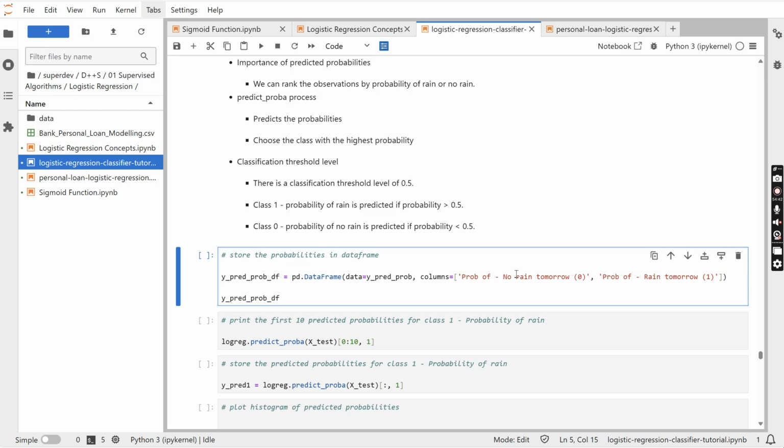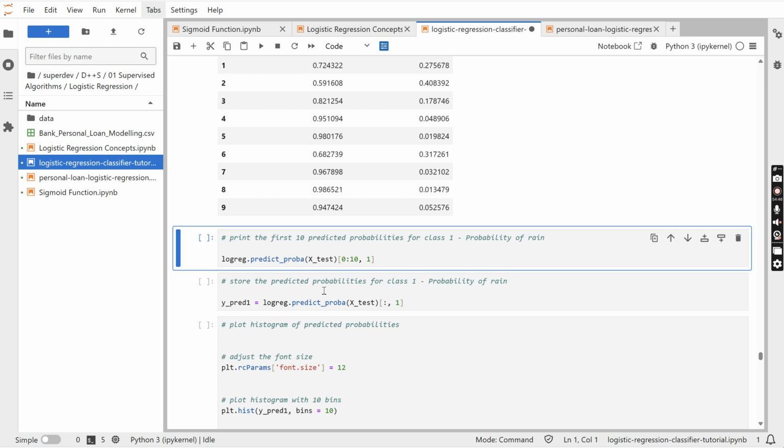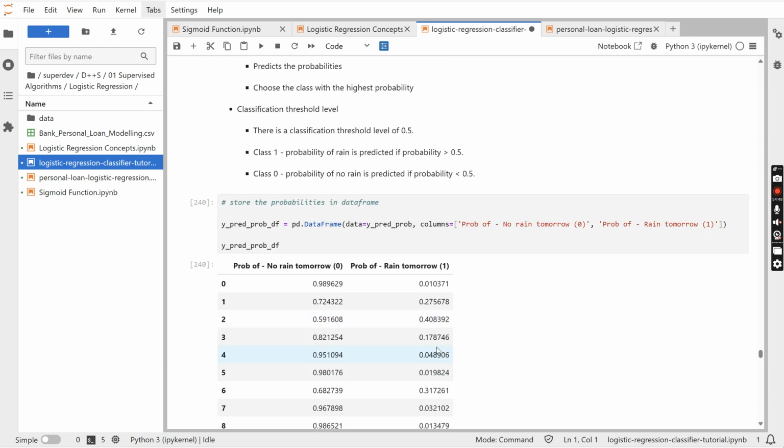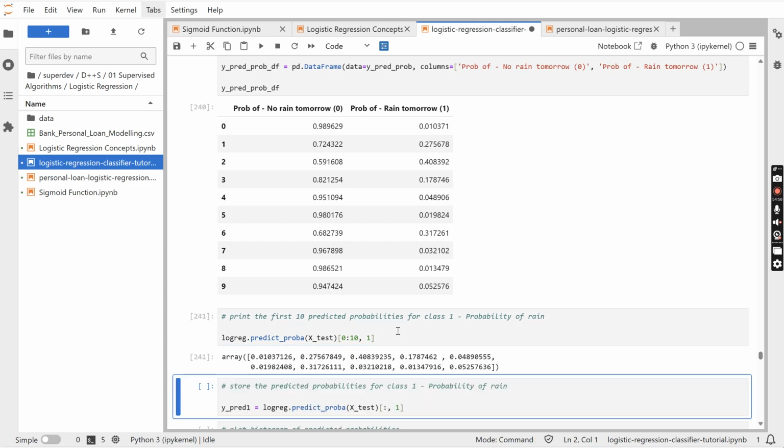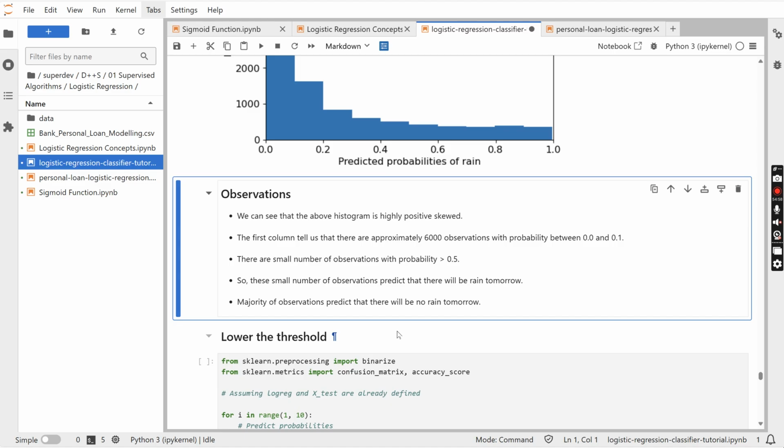So let's do the actual calculation. These are the probabilities that the model has already generated for the 50% case.